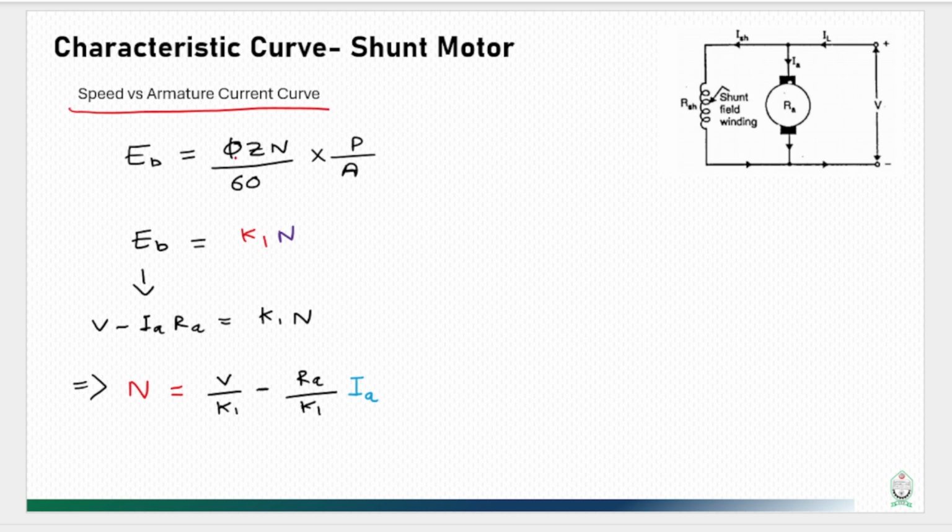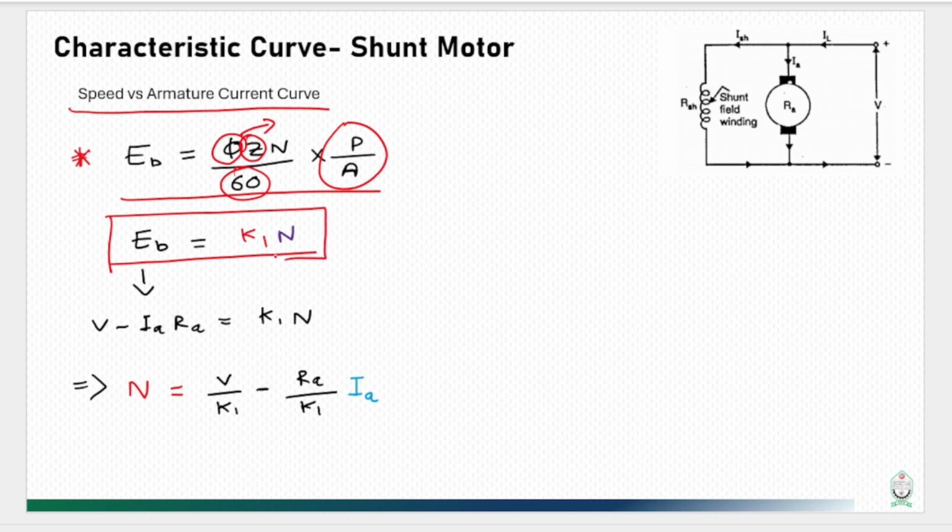So the beginning of the explanation is the same. We know that back EMF can be written in this format, but flux is a constant quantity for shunt wound motor. So this is a constant, Z is a constant, 60 itself is a constant, P by A is a constant. After removing all the constants, we are left with only this thing. So back EMF for shunt motor can be written as this.